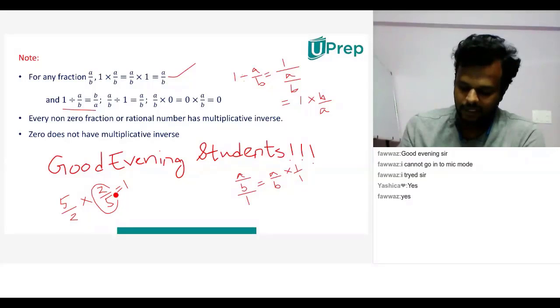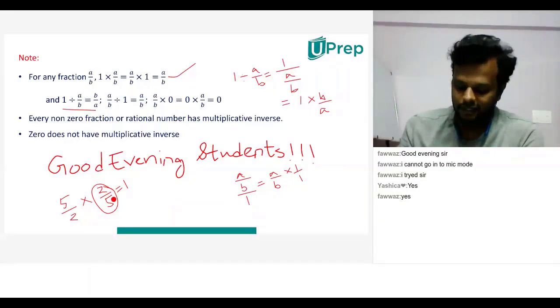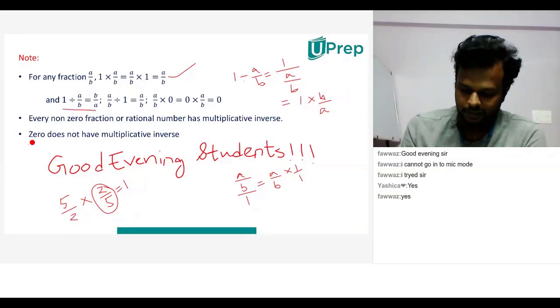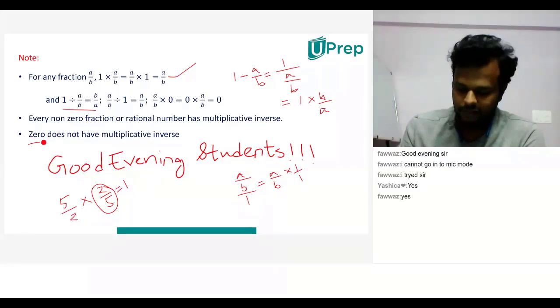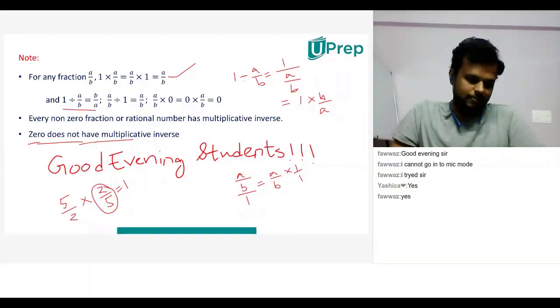So when we multiply both of them, the answer should be 1. The same way, if I give you 2 by 5, its multiplicative inverse will be 5 by 2. And the most important point that we have to note here is 0. 0 does not have a multiplicative inverse. So this is the main point that we need to note here.